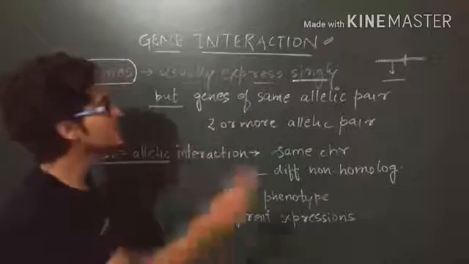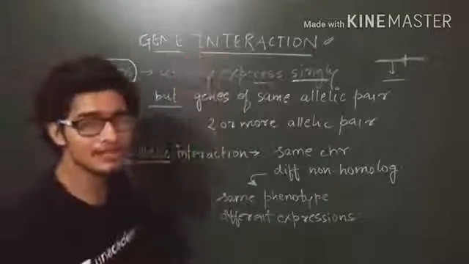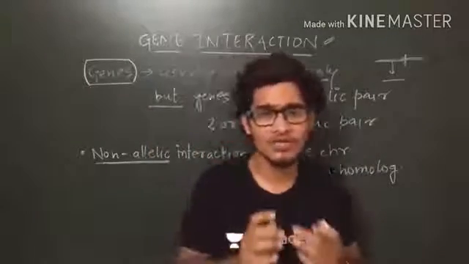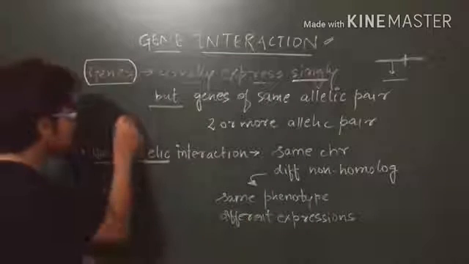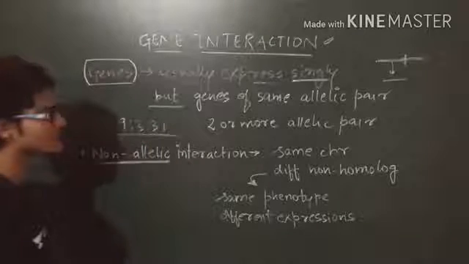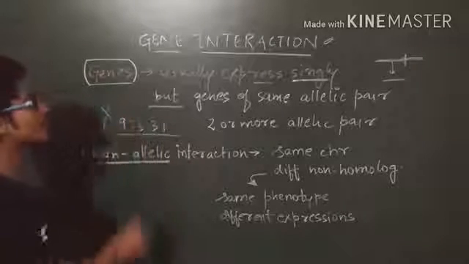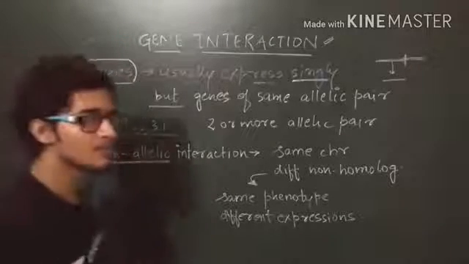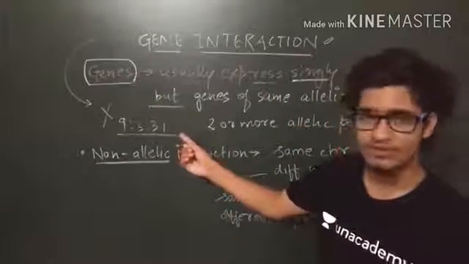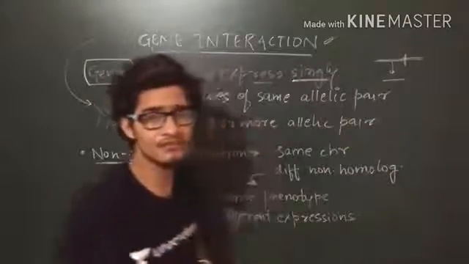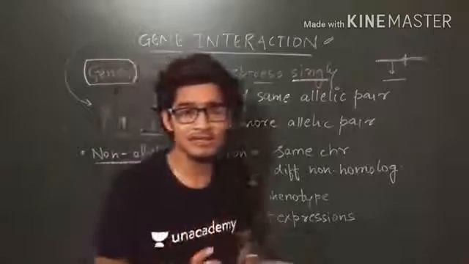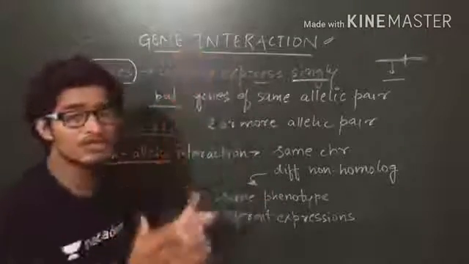And what are those exceptions? The exceptions are gene interaction, and due to this gene interaction the normal dihybrid ratio is not maintained. In the case of the Mendelian process, the normal dihybrid ratio is this, but it is not maintained in any case of gene interaction. We are going to take various examples, but none of the crosses will have this ratio, because it is only possible if a single gene is expressing singly, but that does not happen in gene interaction.